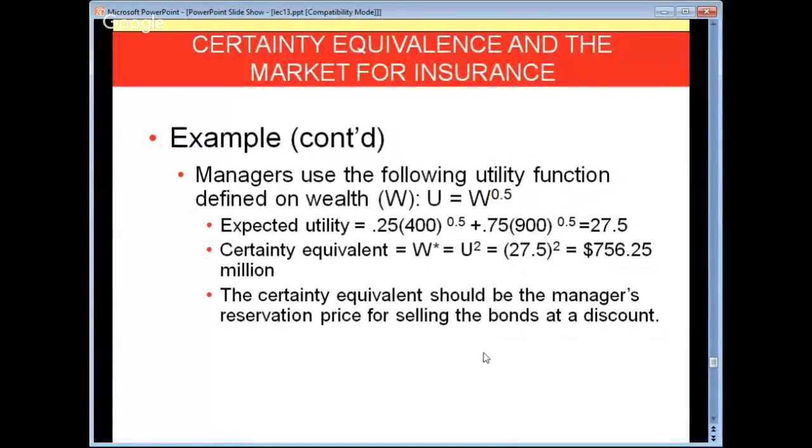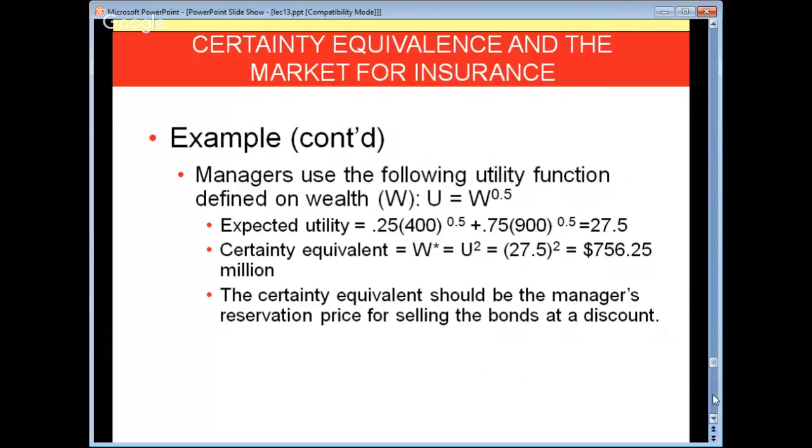So the certainty equivalent should be the manager's reservation price for selling the bond at a discount to the face value, where the face value is 900,000. So we see that he's willing to accept less than the face value.